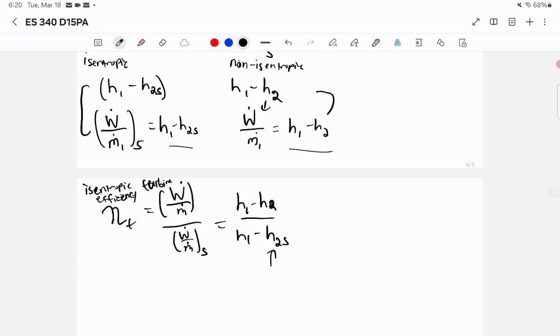So this is the turbine, ignoring heat transfer and KE and PE effects.